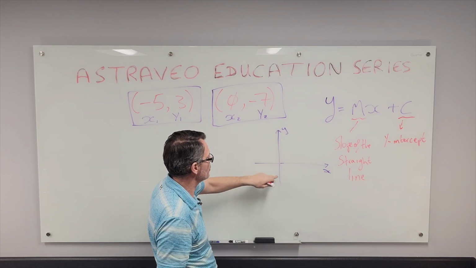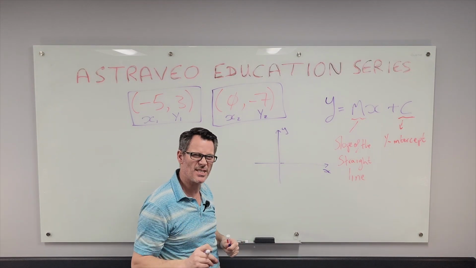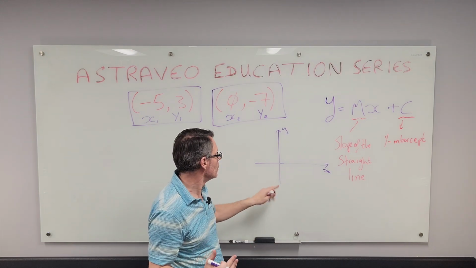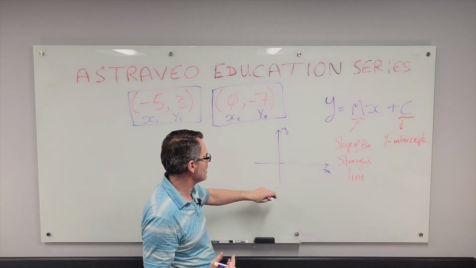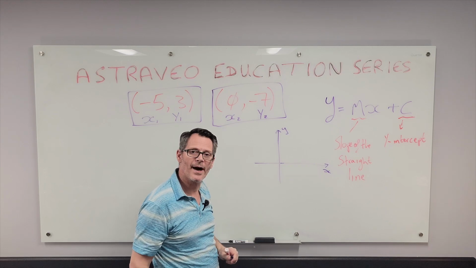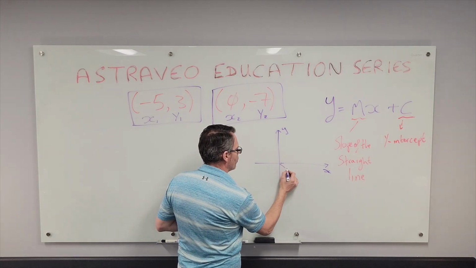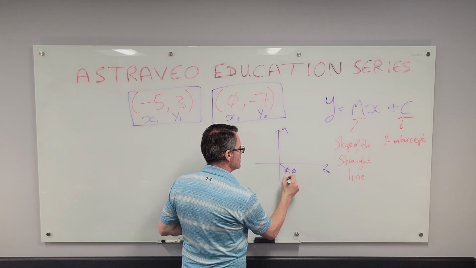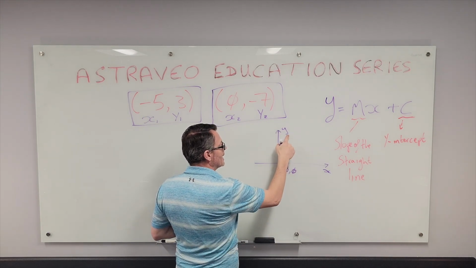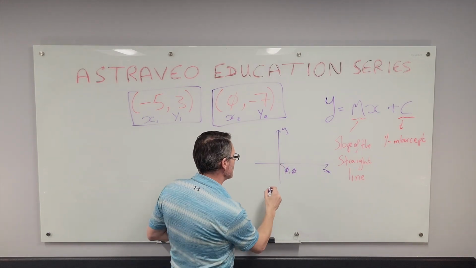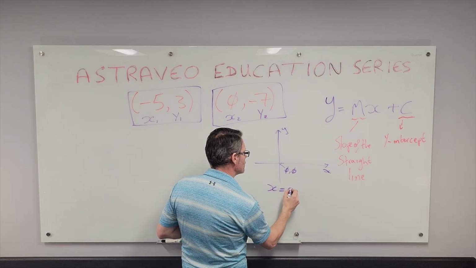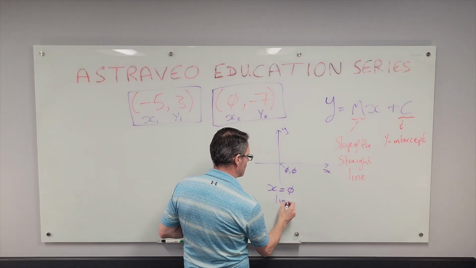Anywhere the line crosses this axis, that's your C, that's your y-intercept. But this line has a very special value. What's its value of x? That's right, it's 0. The origin here is 0, 0, xy. So this line, the y-axis, another way of writing it is the x equal to 0 line.